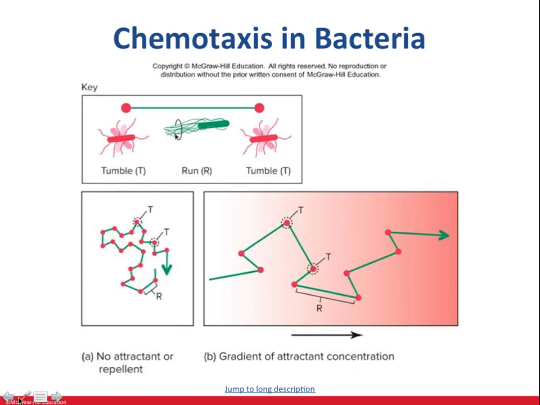This is still the tumble. Tumble, this is run. In tumble we can see the flagella of the bacteria can move individually, so that causes the bacteria to move irregularly.